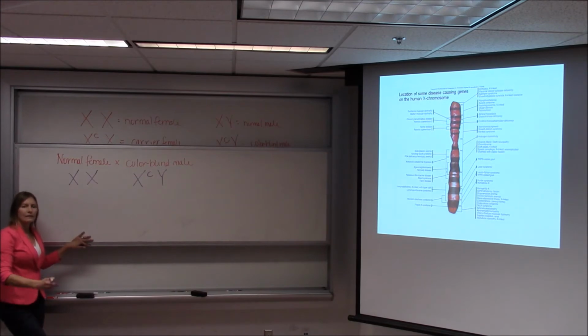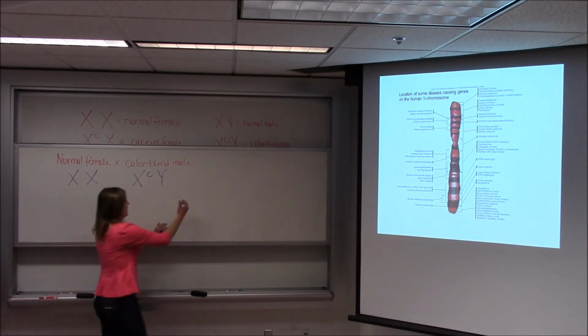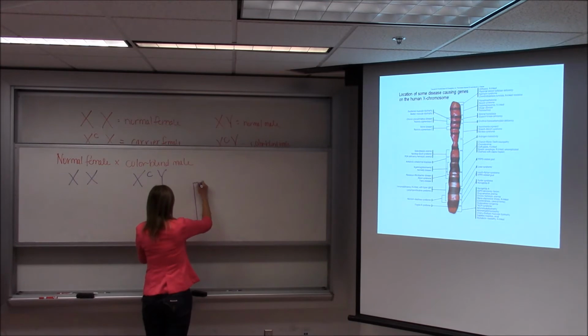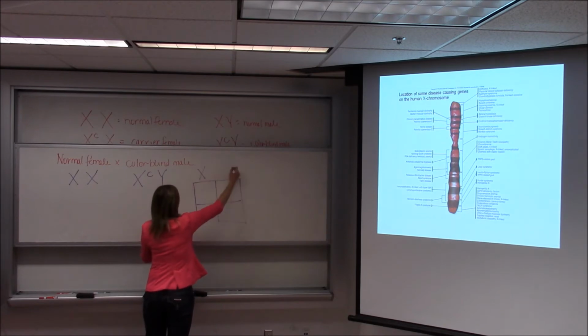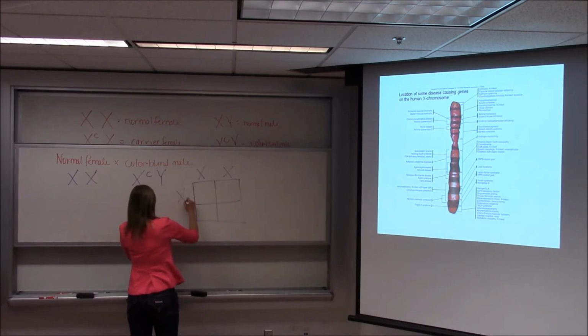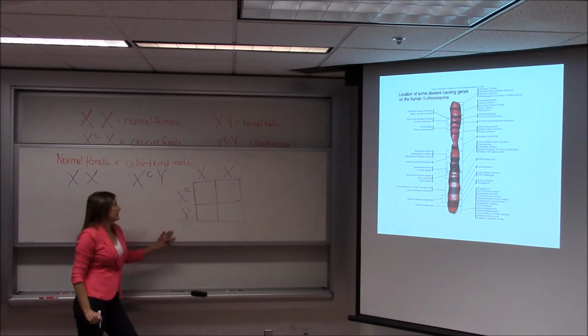Again, the gender of the parents and the gender of the offspring only matters when we're talking about chromosome pair 23. Not autosomes, but the sex chromosomes. So let's do our cross. Punnett square. Doesn't matter which parent you put where. We'll do mom here, dad here. Okay, let's do our crosses.